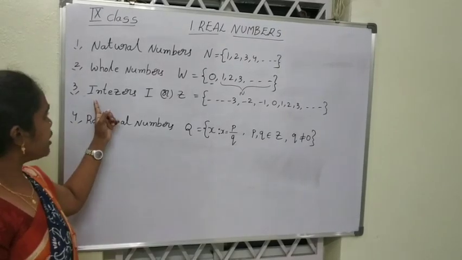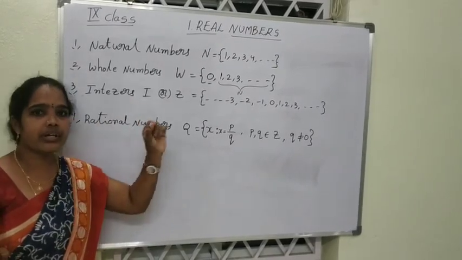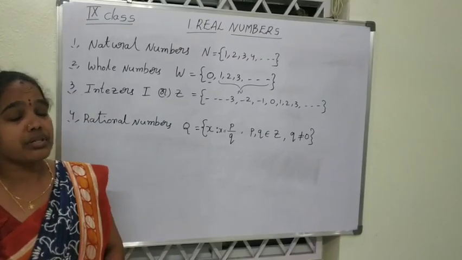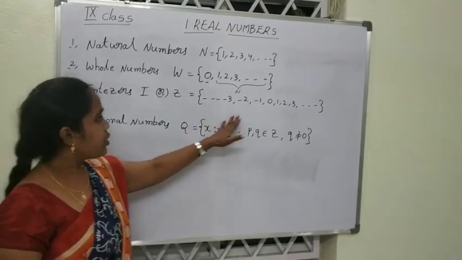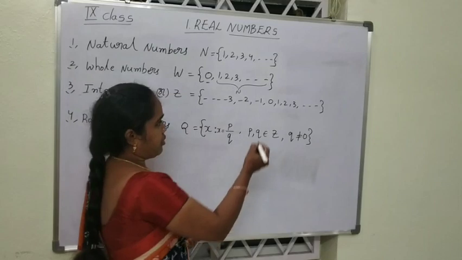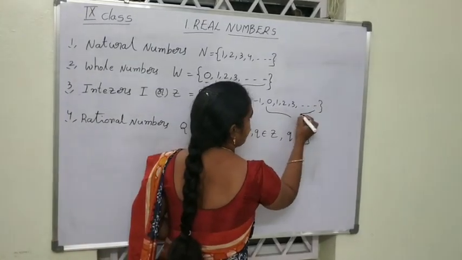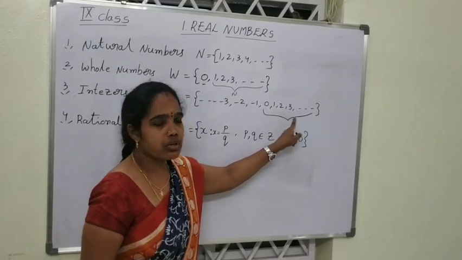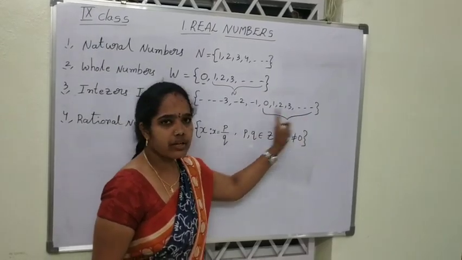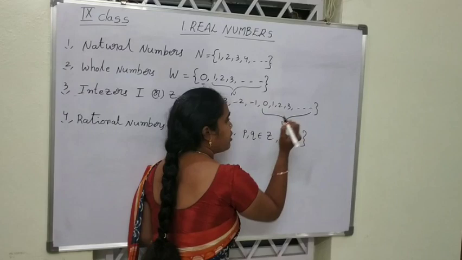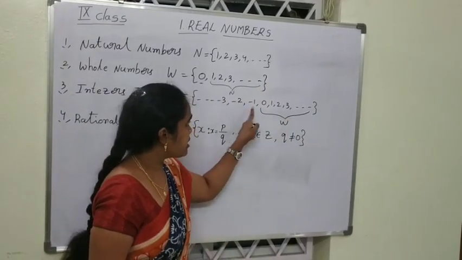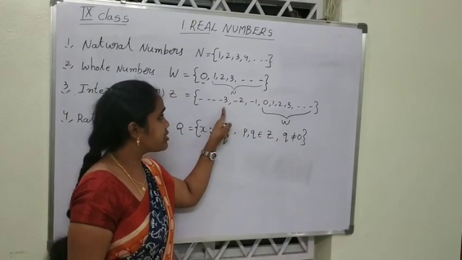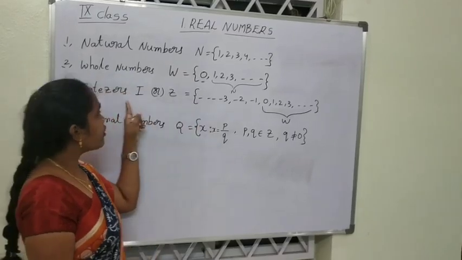Now come to the third number system, integers. First of all, what are integers? Which numbers are called integers? Okay, see here. Including whole numbers, these are whole numbers, from 0 onwards. Including whole numbers, minus 1, minus 2, minus 3 and so on are called integers.